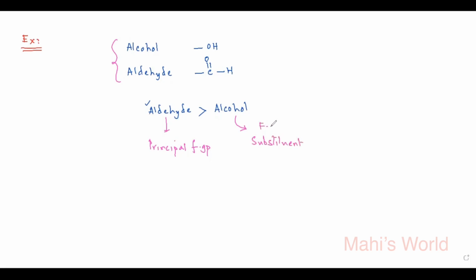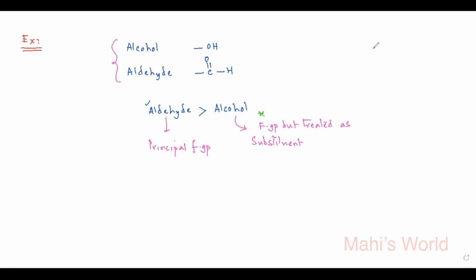It's of course a functional group, but treated as substituent. That is the speciality. It's a functional group, but treated as substituent because aldehydes are there, which have got greater priority than alcohols. And remember, every time you will have different names.